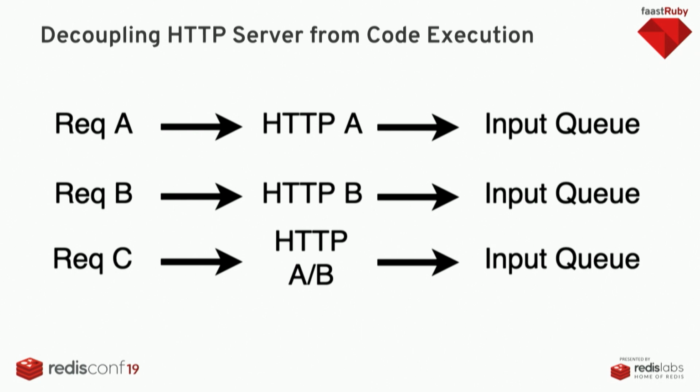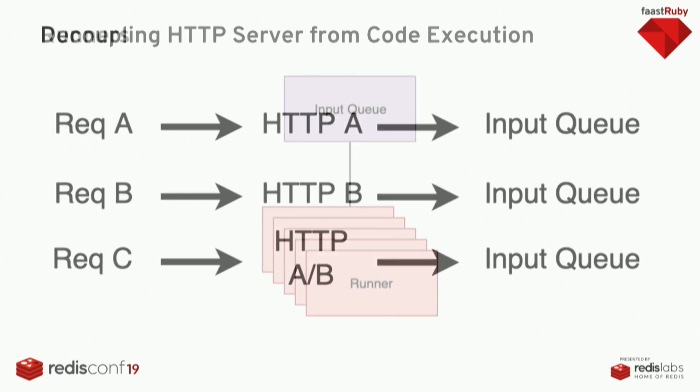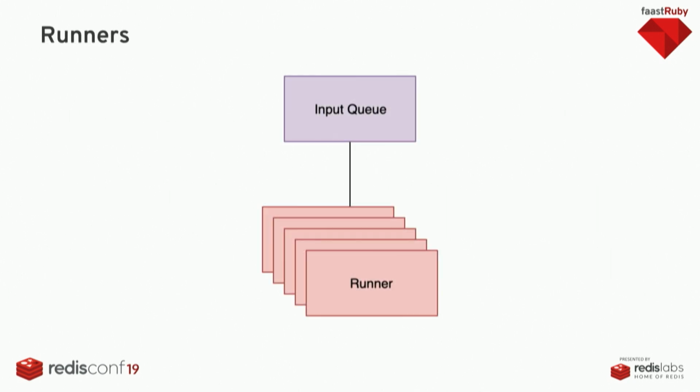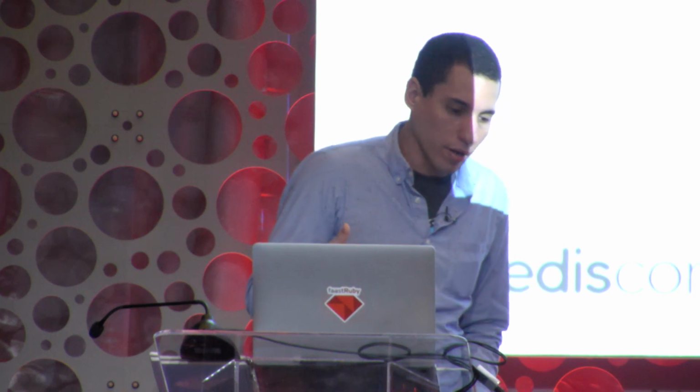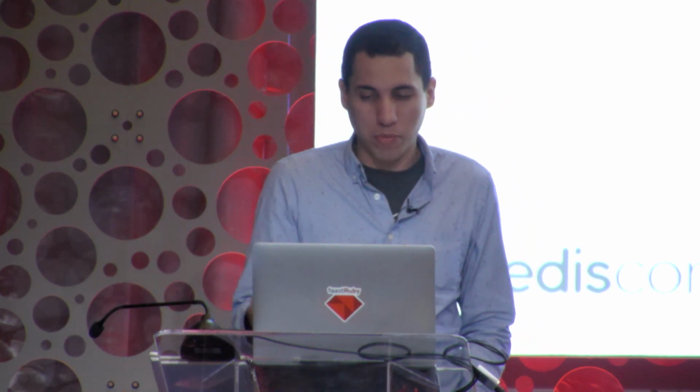So in this new scenario, all the requests will go to the queue, including request C. I had all the runners connected to this input queue, and they would execute the functions and reply as soon as they are done executing another function.